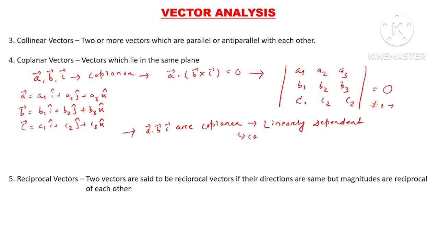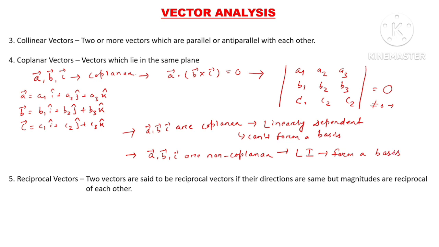So they can't form a basis. But if the same three vectors are non-coplanar, then they are linearly independent vectors and they can form a basis, right? Remember this point. This is very, very important, right?